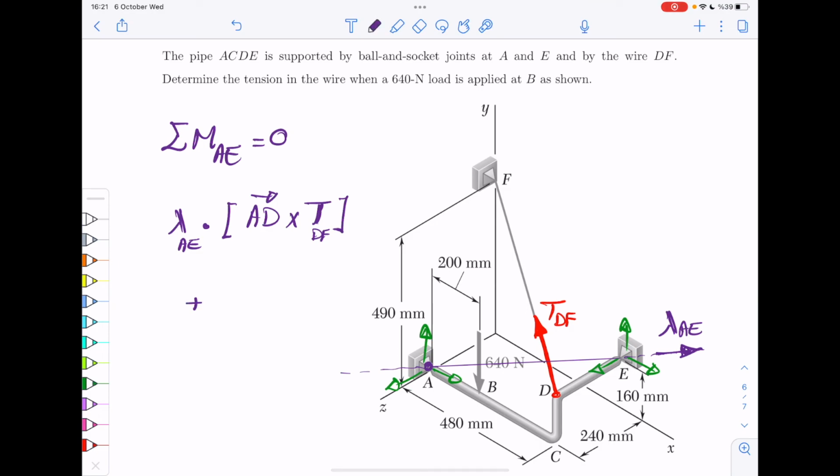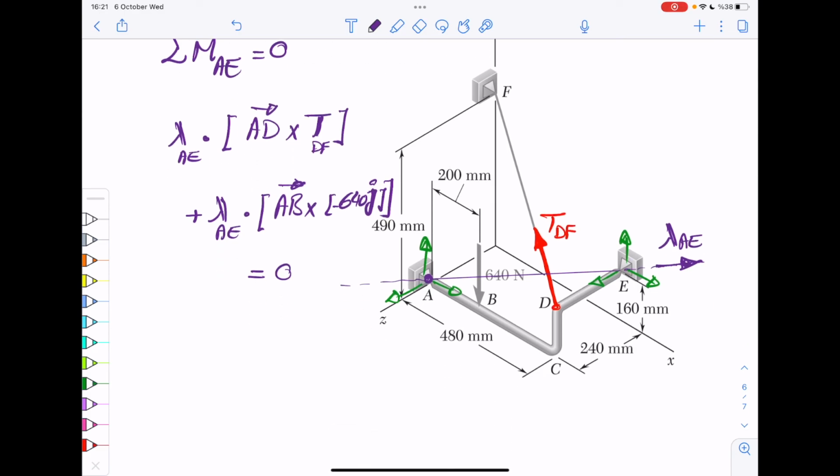That plus, again, the projection of the moment from the force applied at point B. And the force applied at point B is 640 Newton downwards. So it's 640 minus J. Okay, so this is 0.